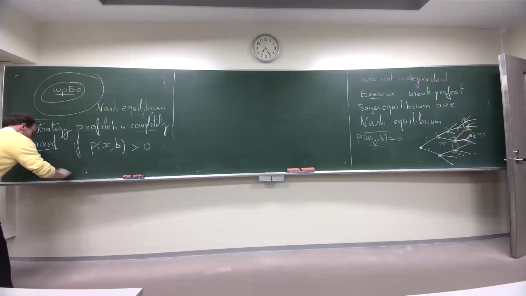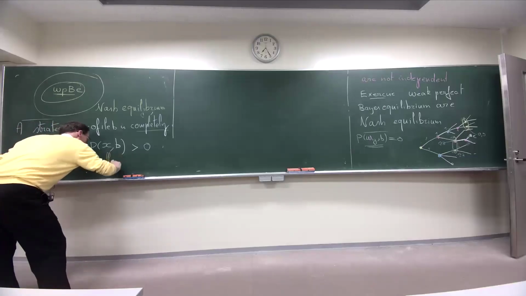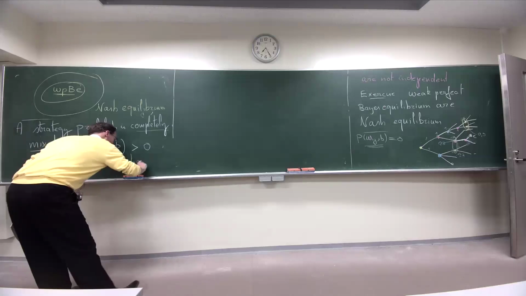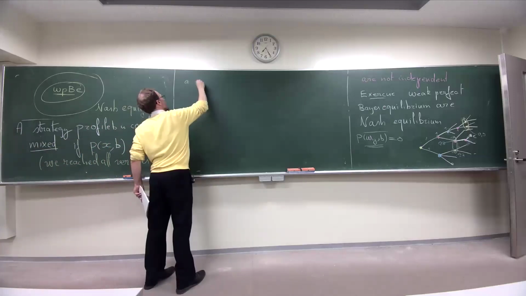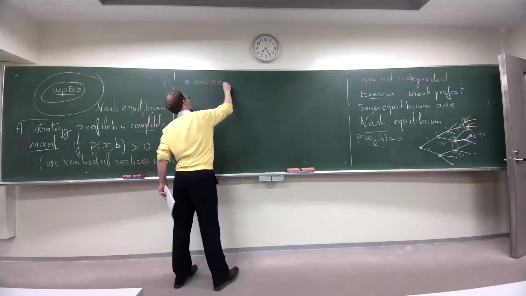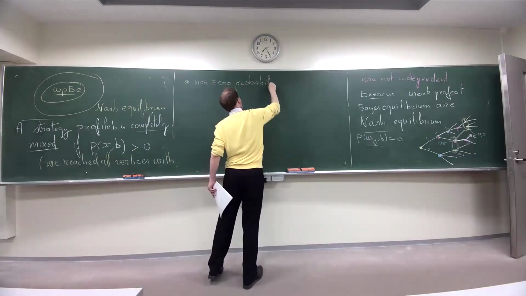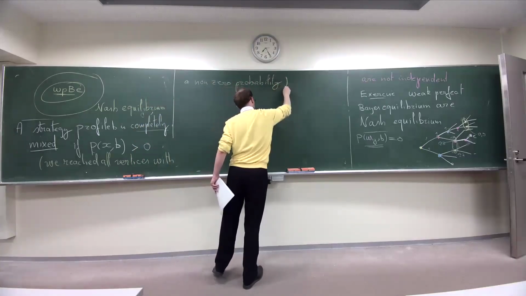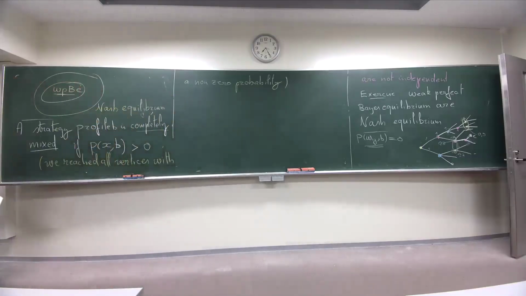So we reach all vertices with a certain non-zero probability. So as I said, a pure strategy is never completely mixed. And this is quite clear. Completely mixed is the opposite of pure.